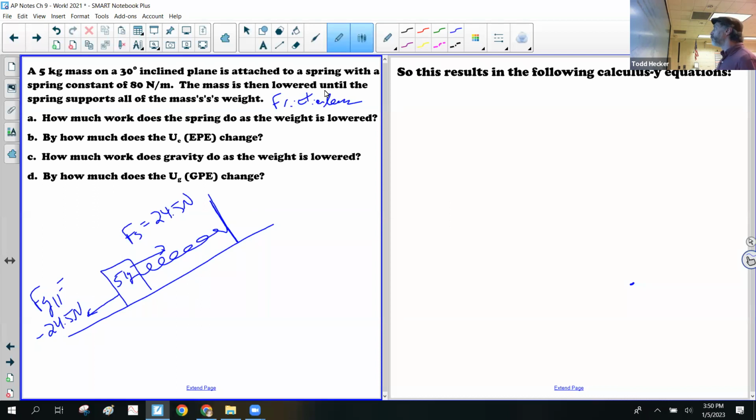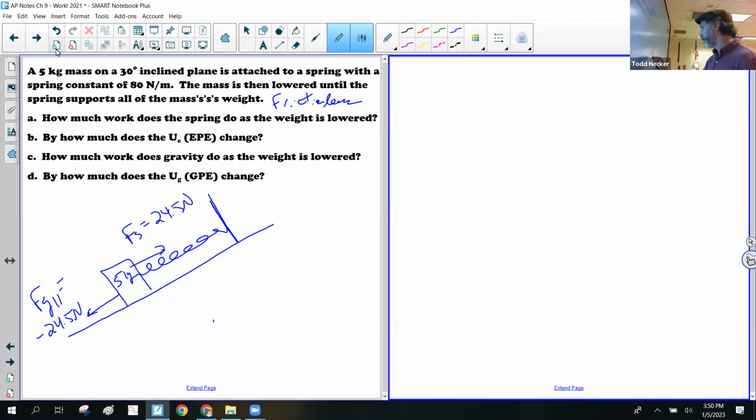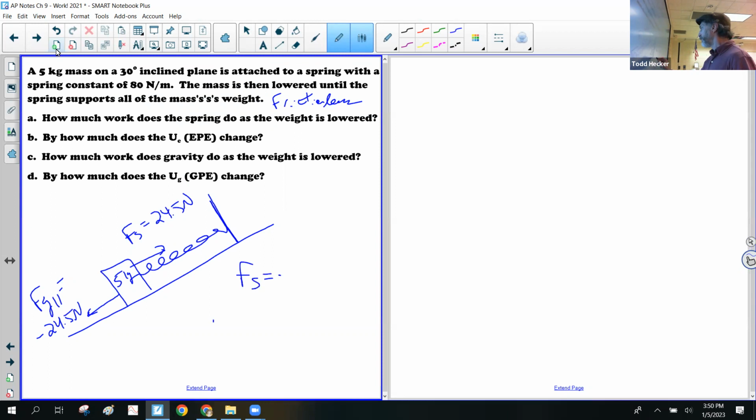And so now what I can do is, I know the force of the spring is negative K times X. So the force of the spring is 24.5 newtons. Our K value is 80 newtons per meter times X. Divide both sides by negative 80.